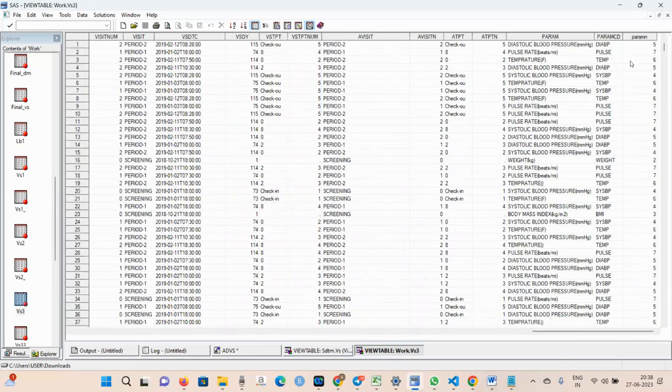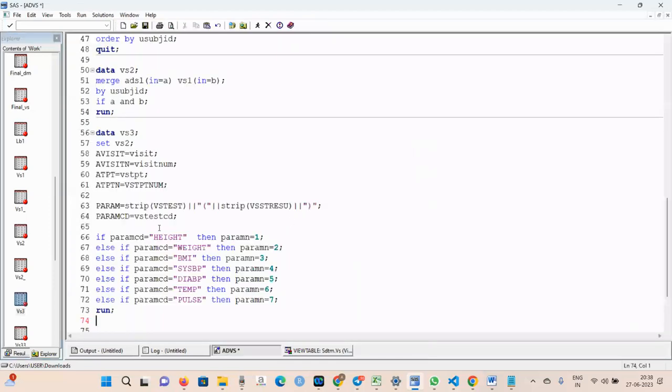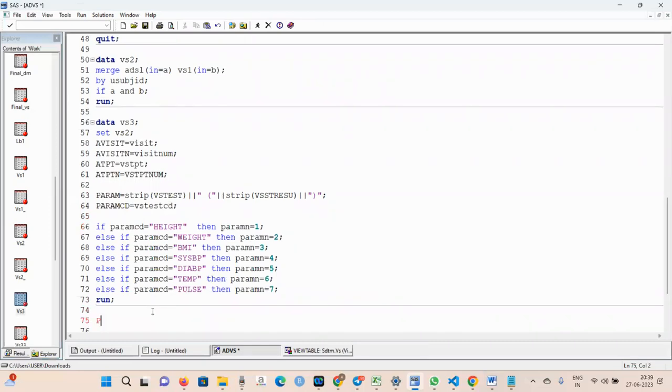So PARAMCD, and we have given the PARAMN. Maybe we can give this. Now you sort the data.